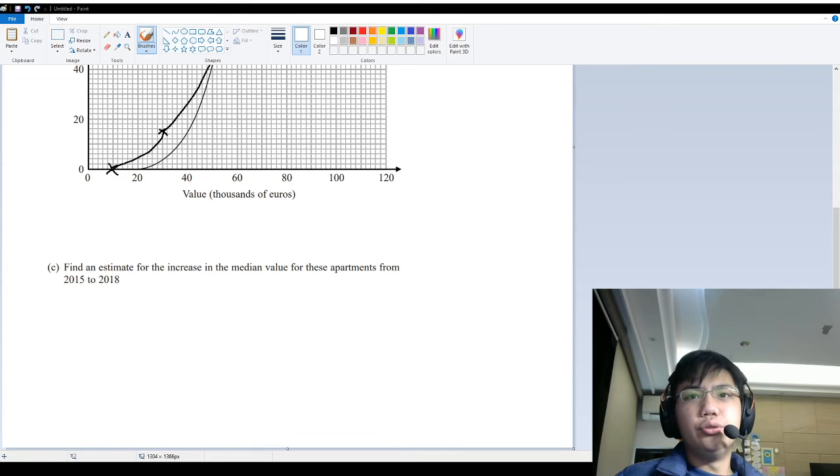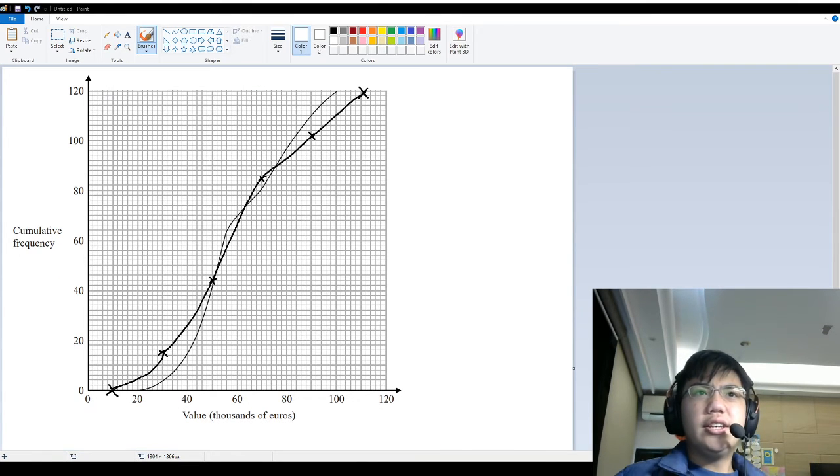So what we need to do is to first of all find the median cumulative frequency, which is 60, right between 0 and 120.